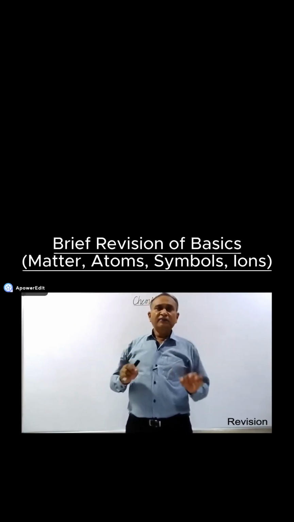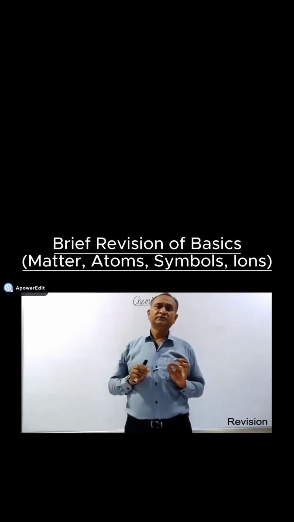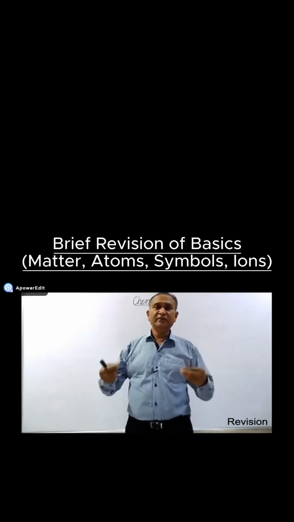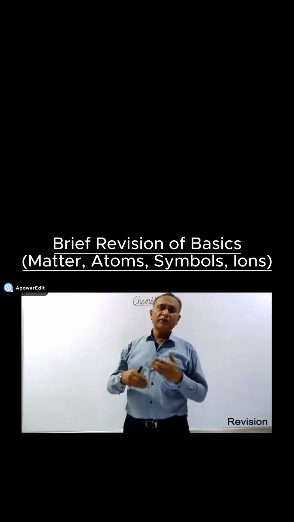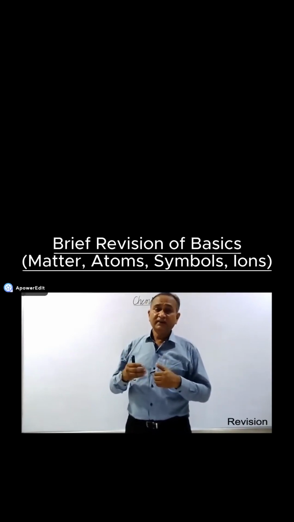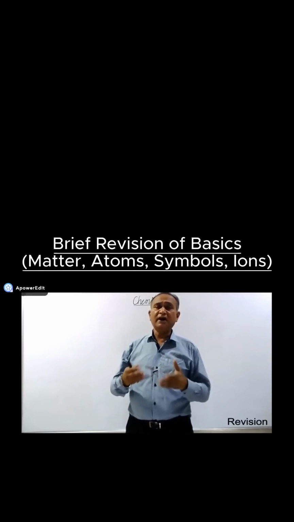If an atom has 1 proton, then its name is hydrogen. If it's 2 protons, its name will be helium. 3 protons, lithium, 4 beryllium, 5 boron, 6. If an atom has 6 protons, we call it carbon.